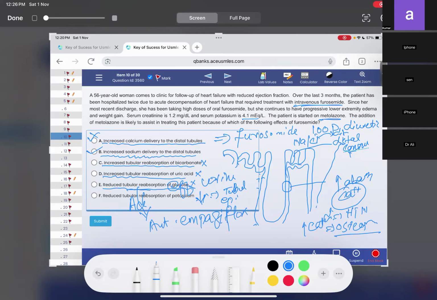These reduce tubular reabsorption of glucose, and reduced tubular reabsorption of potassium is usually caused by furosemide, the sodium potassium 2 chloride channel inhibitor. Clear, everybody?